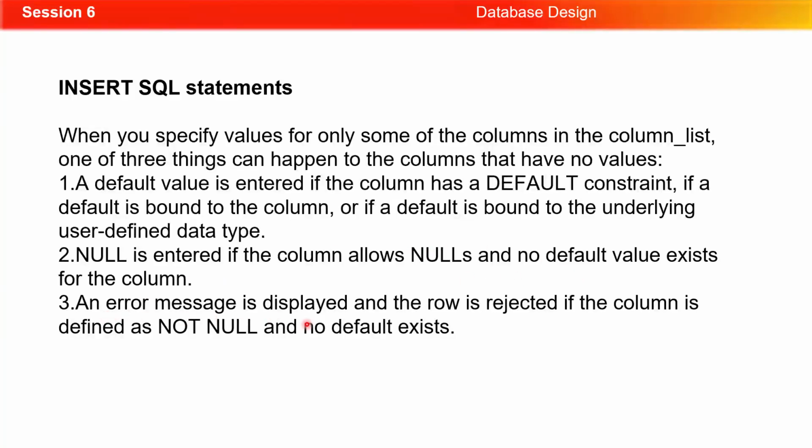An error message is displayed and the row is rejected if the column is defined as not null, or if no default exists. Again, if an integer is entered incorrectly, say with a character that's not an integer, an error message will also be returned.